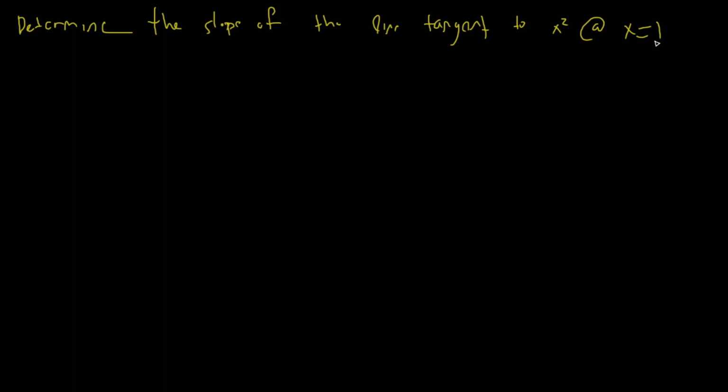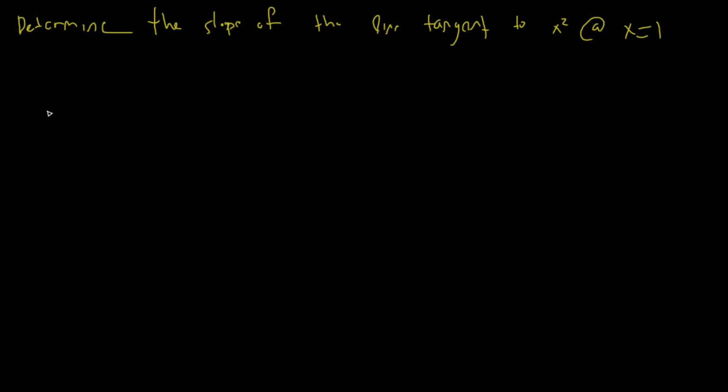So, determine the slope of the line tangent to x squared at x equals 1.